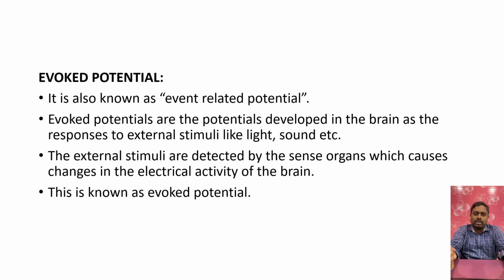That type of potential is based on an external stimulus. This is called evoked potential. The external stimuli are detected by the sense organs, which cause changes in the electrical activity of the brain. This is known as evoked potential.